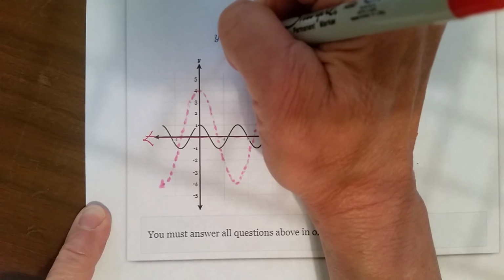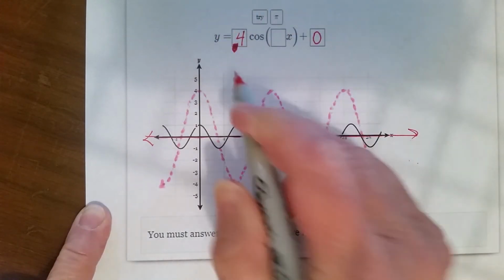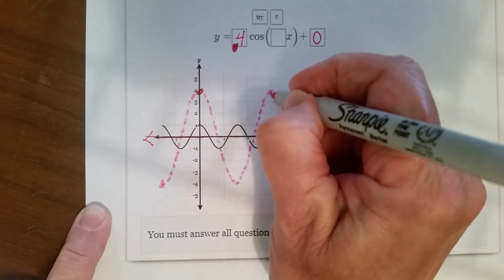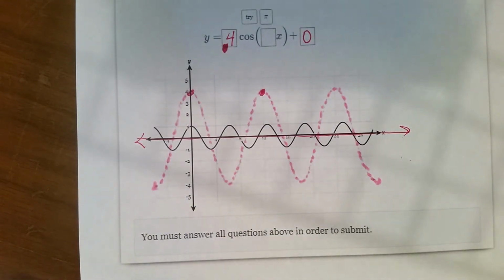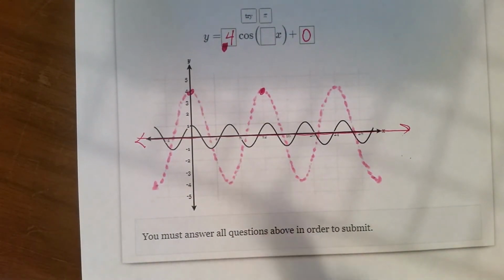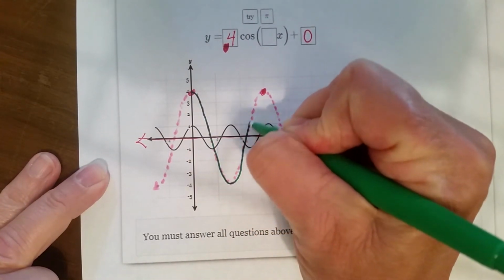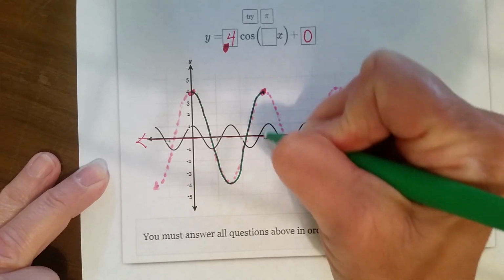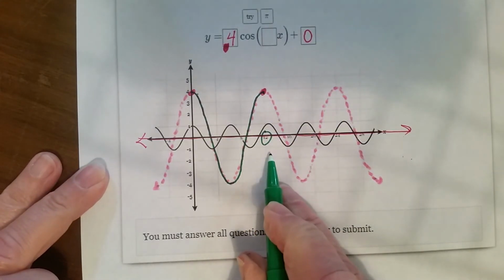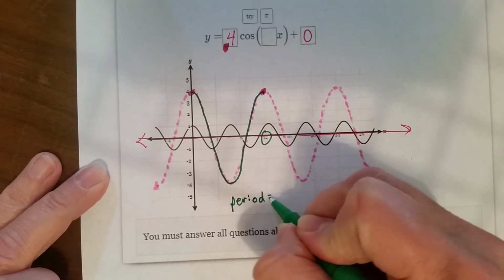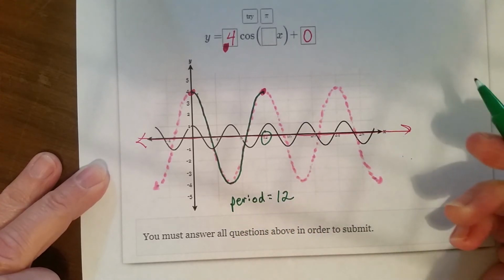I didn't mean for that little smudge to be there. It's a +4 because we start at the max and we end at the max. So here's one cycle of the cosine curve, and that ends at 12. So we have a period of 12.